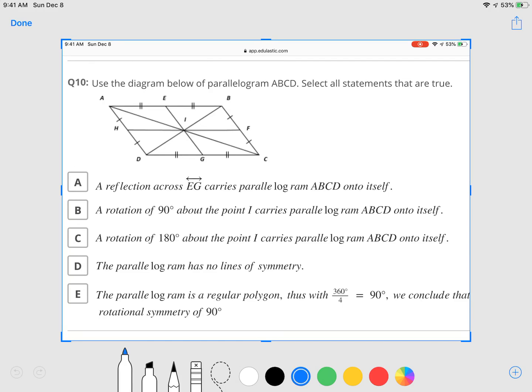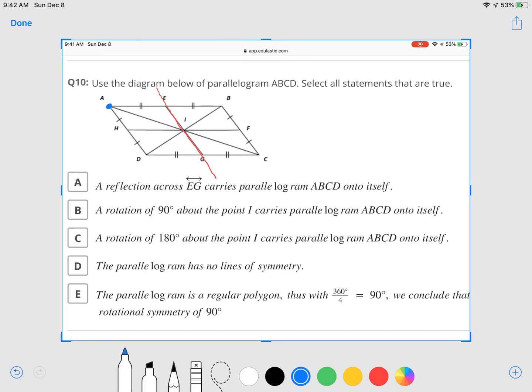So it says, a reflection across EG carries parallelogram ABCD onto itself. That's not true. Just quickly to show you, if we draw a line of reflection through EG, if you try to reflect A, what's going to happen is we have to travel perpendicularly toward this line.